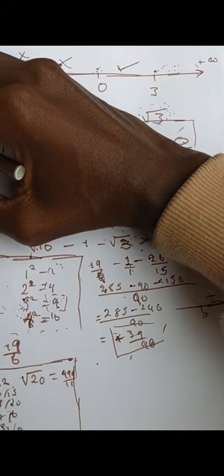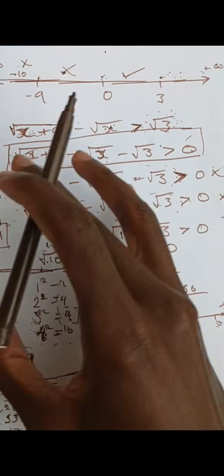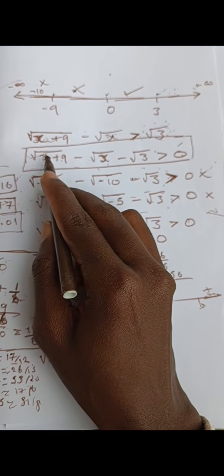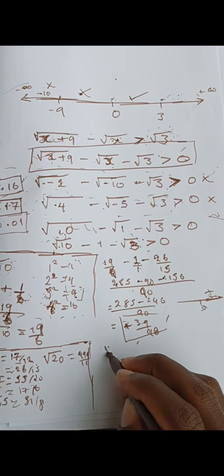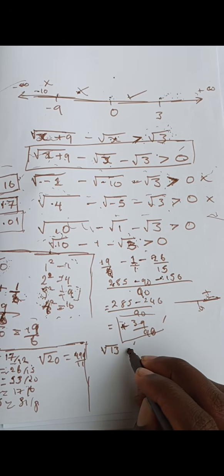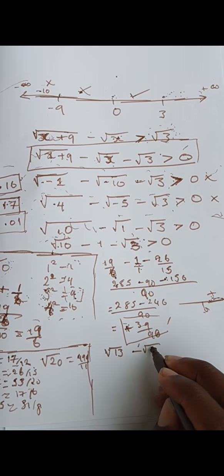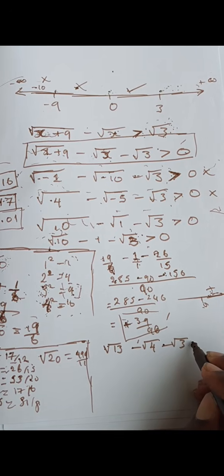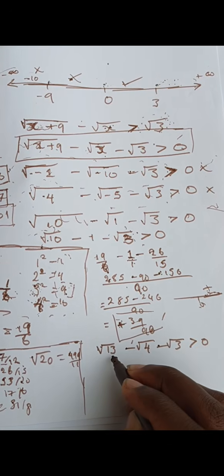So let's test this region. We've picked 4, right? Where x is, I'm putting 4. If I put 4 here, I'll have 13. If I put 4 here, I'll have 4 minus square root of 3, greater than 0.